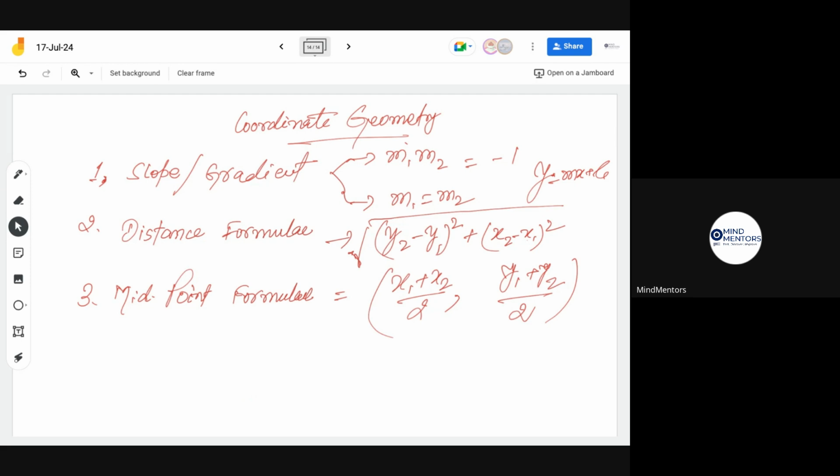And if you can prove m1 m2 equal to -1 for perpendicular lines, and for parallel lines m1 equal to m2, you should be able to solve all questions in coordinate geometry. Okay, any questions, anyone?